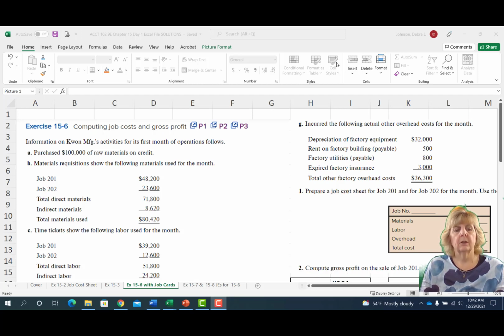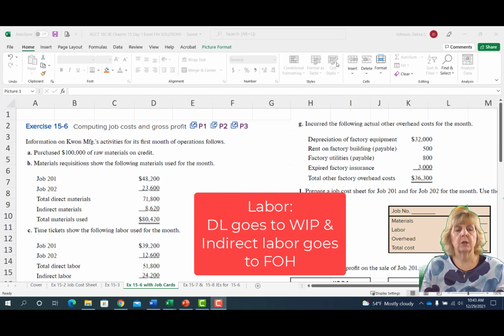And finally, letter C is the time tickets for the labor used for the month. If a job uses assembly labor or direct hands-on labor, then the correct charge would be to WIP.